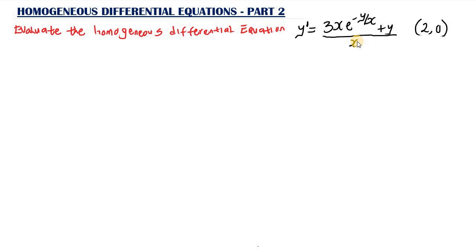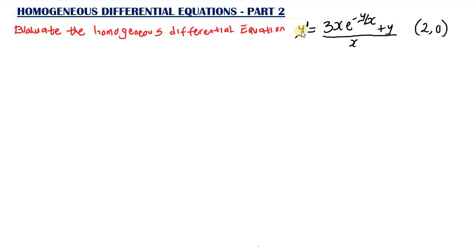Now I'm going to change y prime to dy over ds. Don't get this confusing. y prime and dy over ds are the same. It's just that I like to represent my derivative with dy over ds.